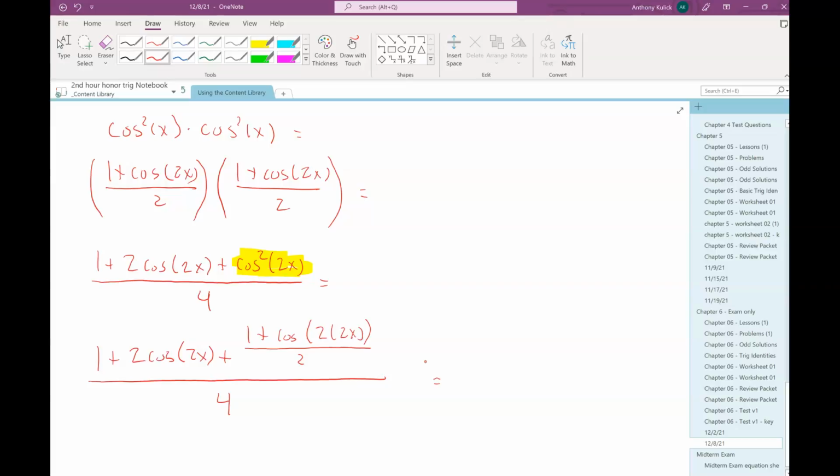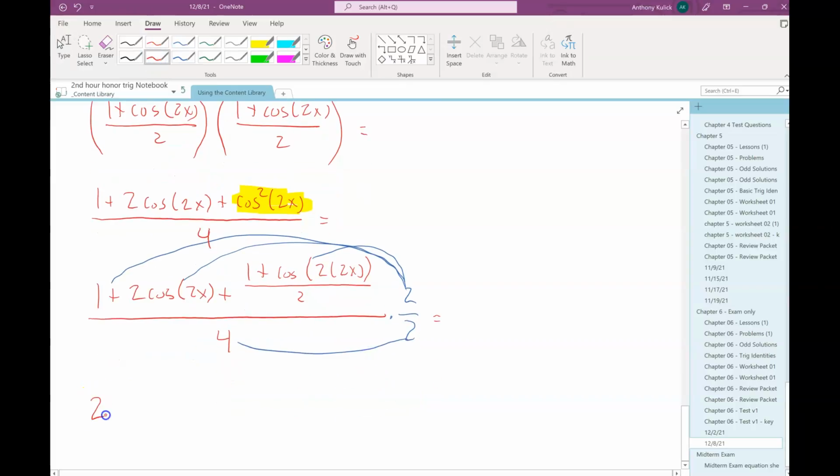I would get rid of the fraction inside of a fraction. What's the best way to do that? Yeah, we'll just multiply the top and bottom by 2. So the 2 distributes. In the numerator, I'm going to have 2 plus 4 cosine 2x.